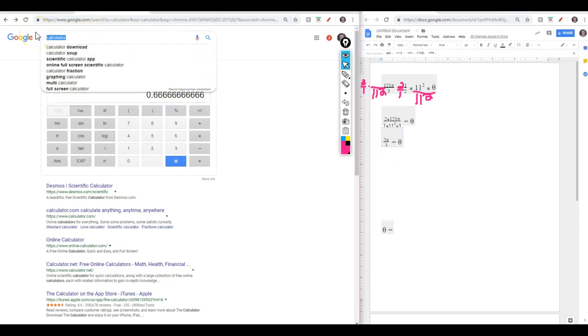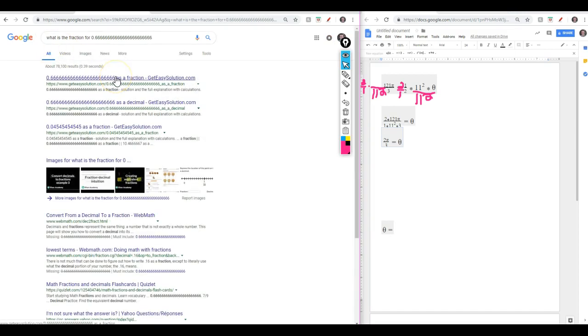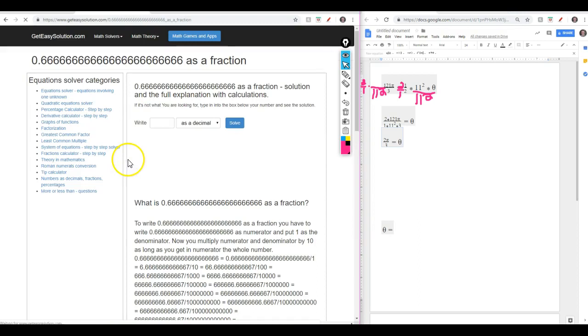If you didn't know that off the top of your head, you could enter in what is the fraction for 0 point and do oodles of 6s, and maybe it'll pull it up.